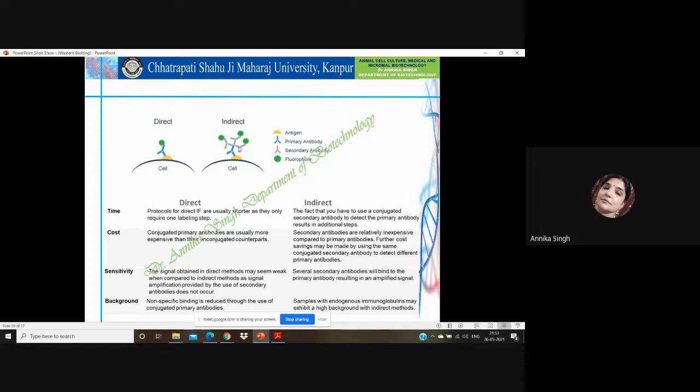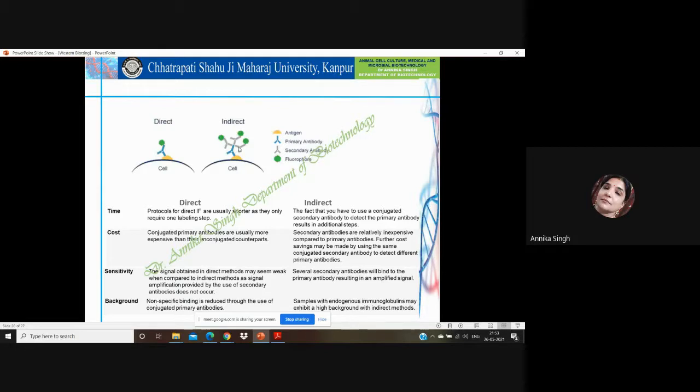So if we talk about the time consumed, direct immunofluorescence assay takes less time in comparison to the indirect one. And of course, if we are talking about the cost, the conjugated primary antibodies are more expensive in comparison to the secondary antibodies.